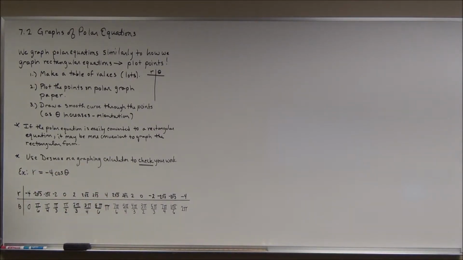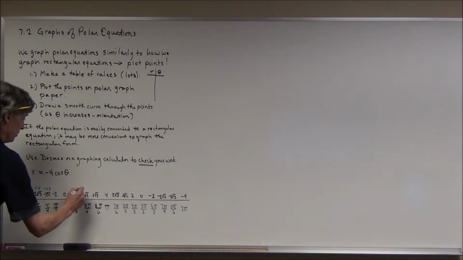Also, it is convenient to remember that the square root of 3 is about 1.7, and the square root of 2 is about 1.4. So this value here, negative 2 times the square root of 3, would be about negative 3.4. This would be about negative 2.8.